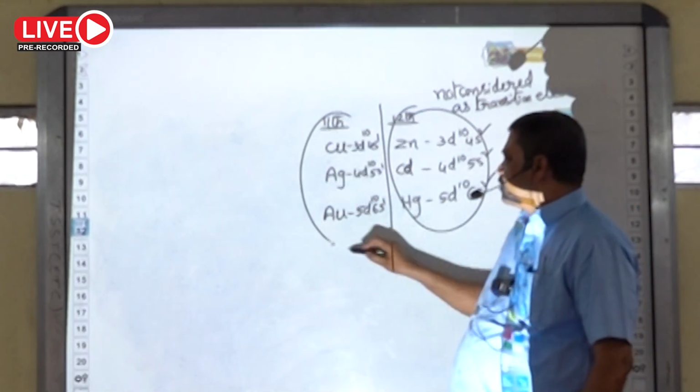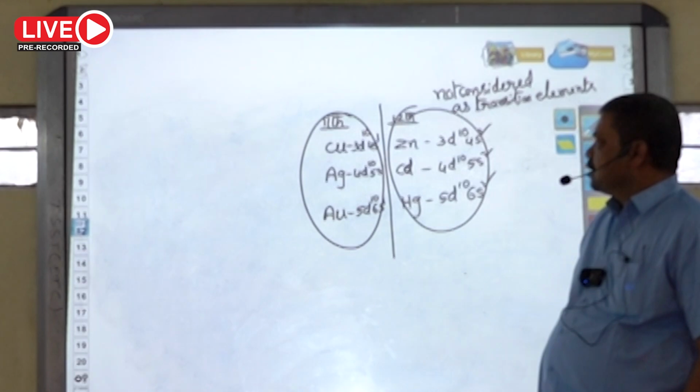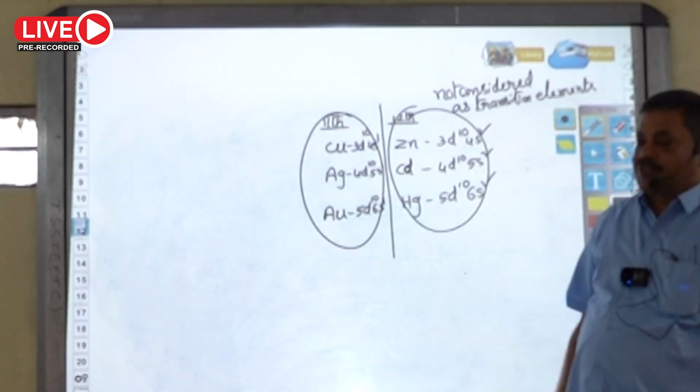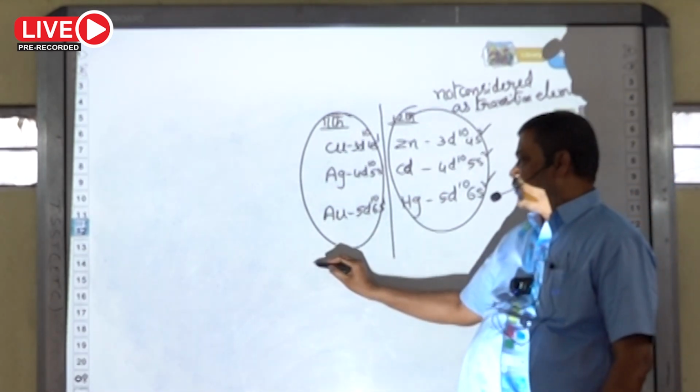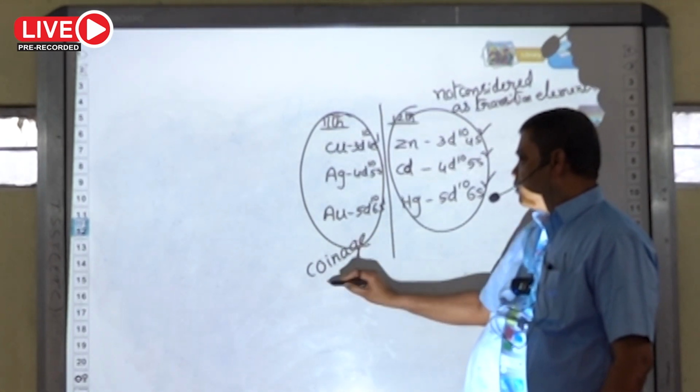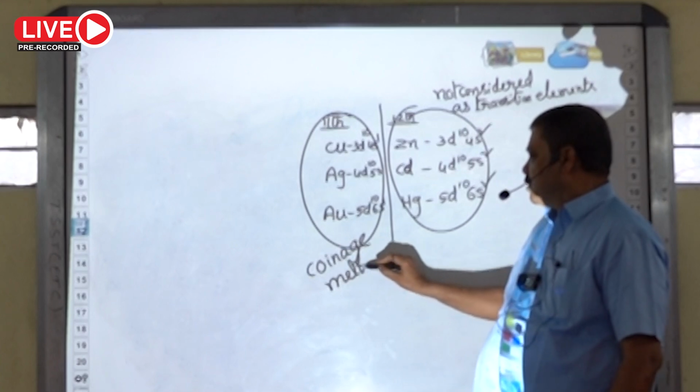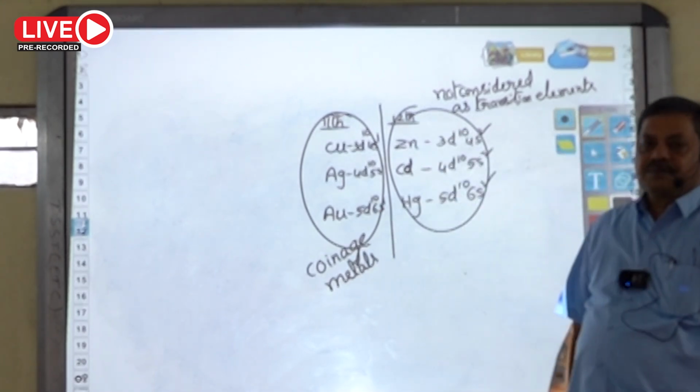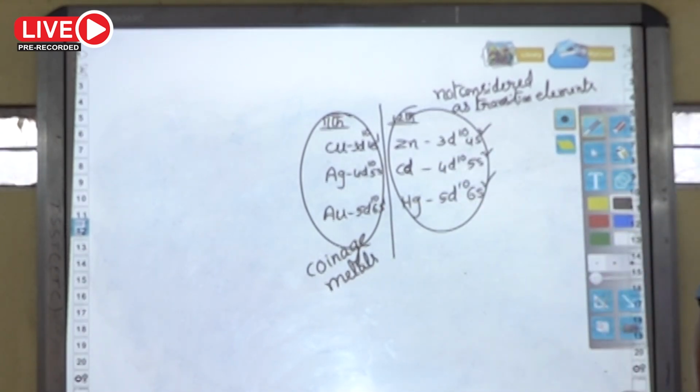Then this copper group, which we call coinage metals, actually their d sublevel is also filled.